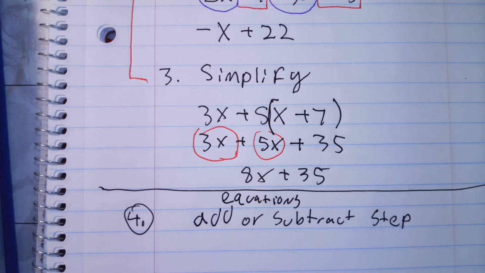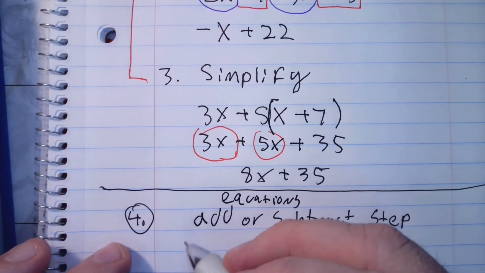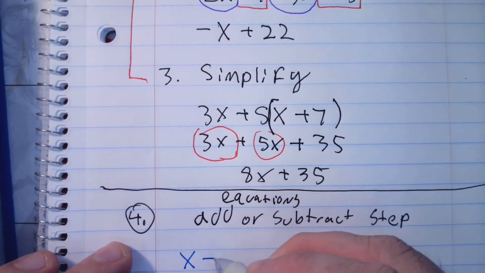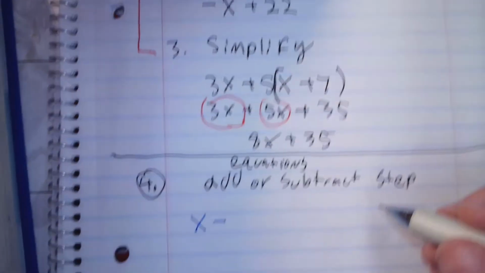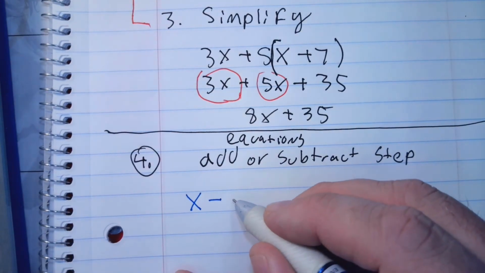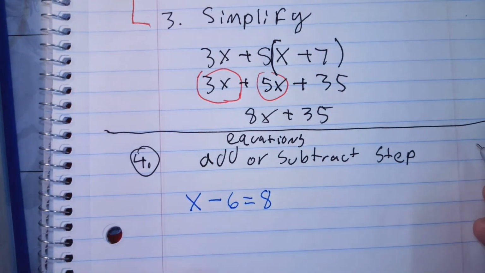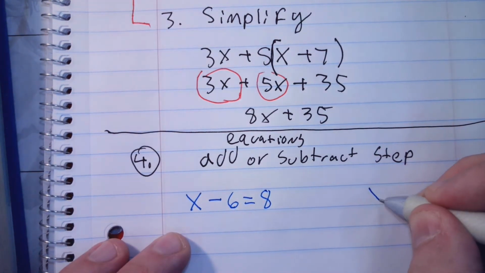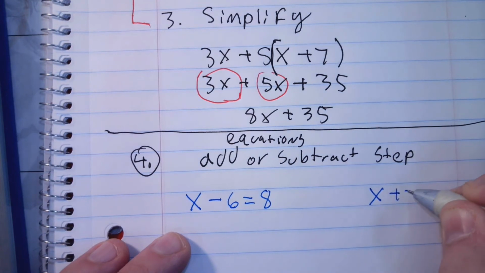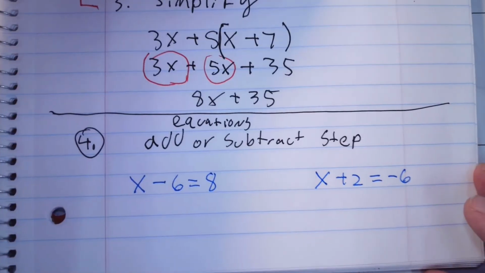So let's do two little examples of the add or subtract step. And it is a challenge for me to make this any harder than it is. And again, everything in math is hard until you understand it. And once you understand it, it's no longer hard. So I'm going to do one of these, and I'm going to do one of these. And see if you can get both of these done.